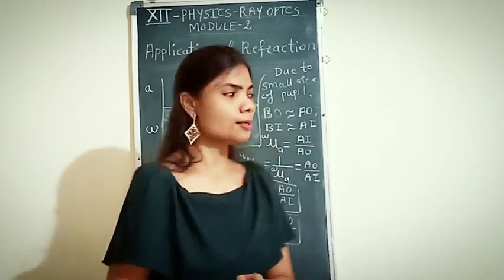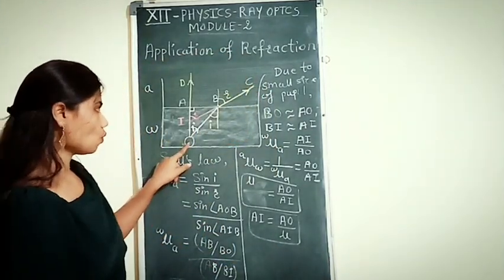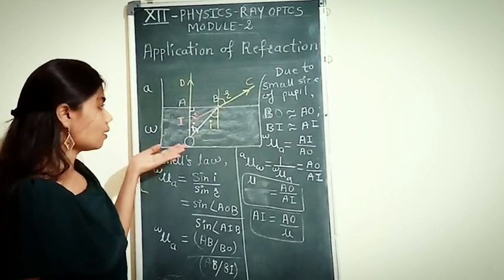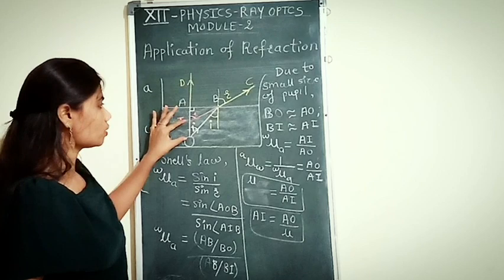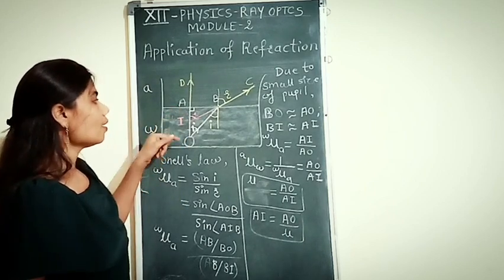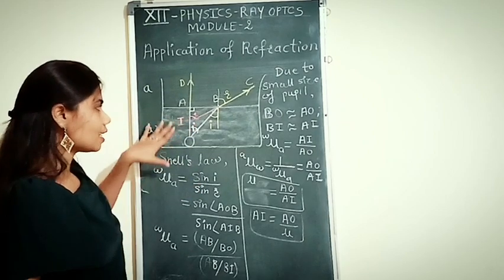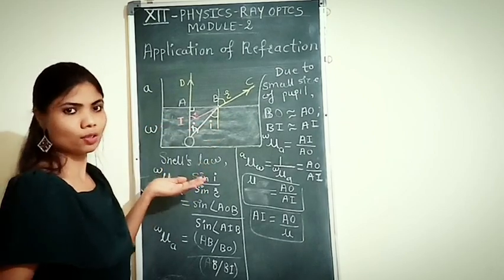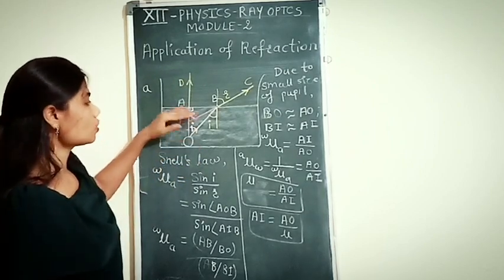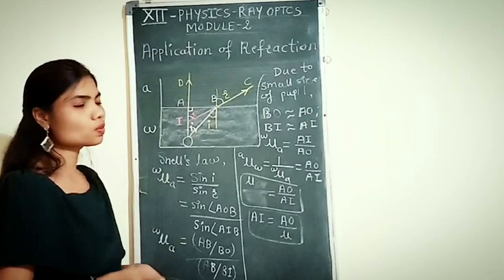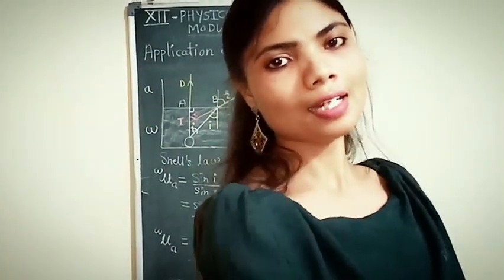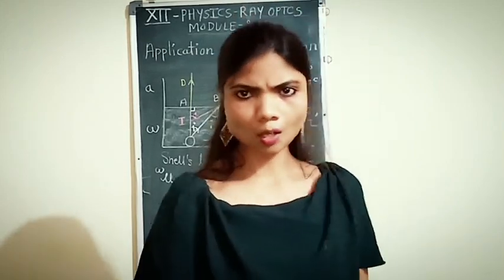As you can see, your object is at point O, but it is uplifted from its original position and appears at point I. So this raised position in the denser medium, related to the object only, is called the normal shift, and it depends upon the real depth and apparent depth.